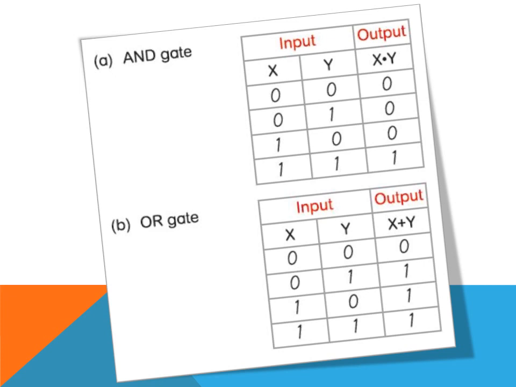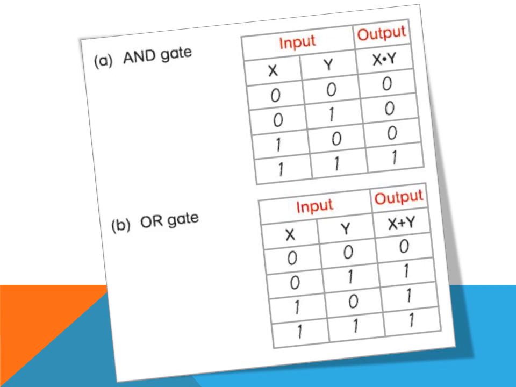So look at the inputs, 0 0, that means 0 into 0 gives you 0. Look at the second row, 0 1, 0 into 1 gives you 0. Look at the third input line, 1 into 0 gives you 0 and 1 into 1 gives you 1. That is the simplest way that you can remember the truth table of an AND gate.